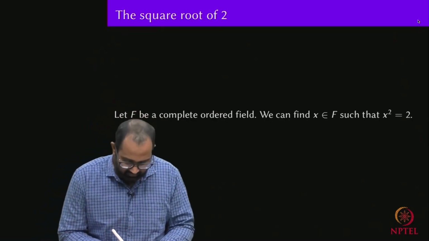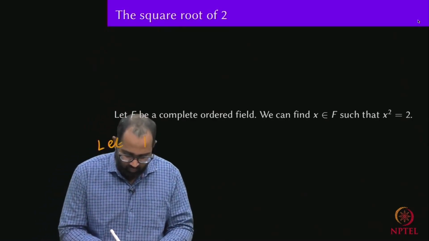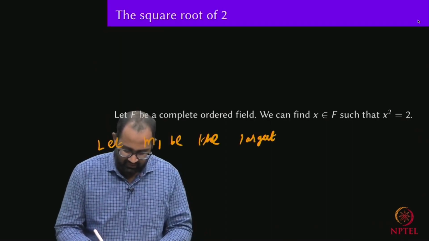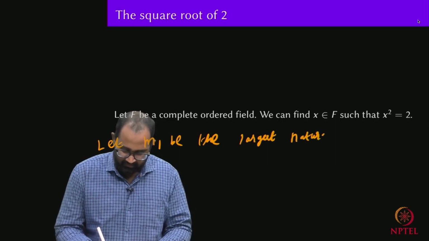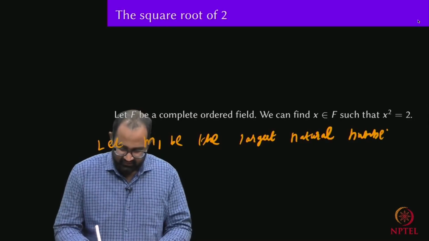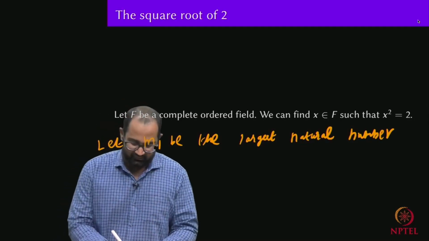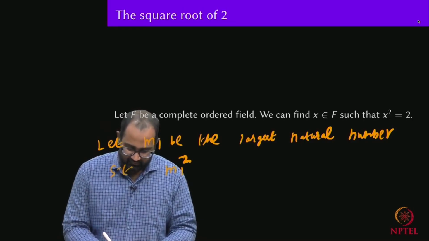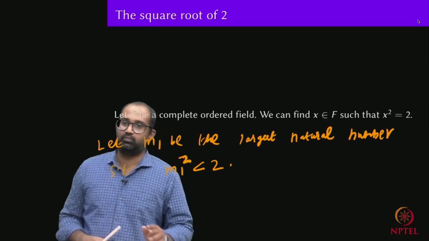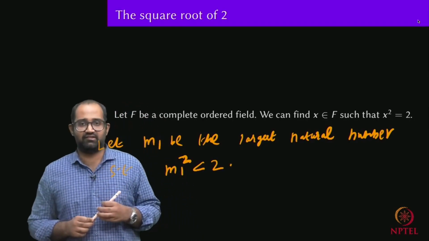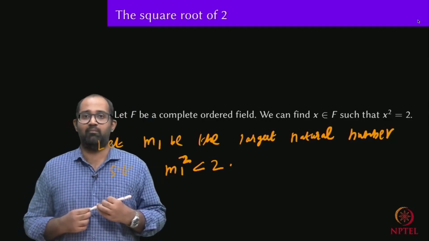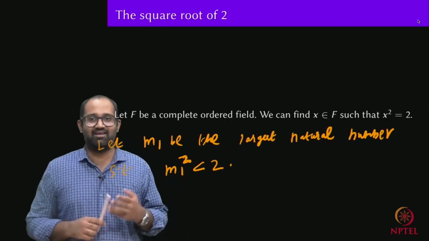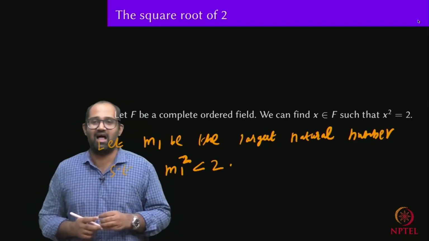Well, you start by saying let M1 be the largest natural number such that M1 squared is less than 2. Remember, natural numbers are always there in the field. We know what this natural number is, it is 1, but bear with me for notational reasons, I am calling it M1.